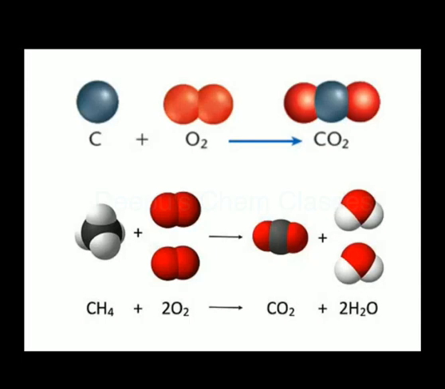So 1 mole of carbon combines with 1 mole of oxygen to give 1 mole of carbon dioxide. Similarly, for the next equation, 1 mole of methane reacts with 2 moles of oxygen to give 1 mole of carbon dioxide and 2 moles of water. In chemical reactions involving only atoms, scientists use 1 gram atom instead of 1 mole.